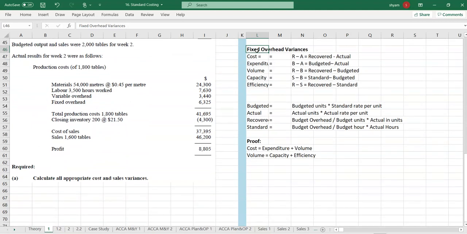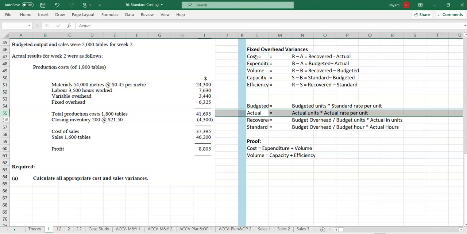And the final one is fixed overhead variance. Okay, fixed overhead variance. So we have to find out cost, expenditure, volume, capacity, and efficiency.